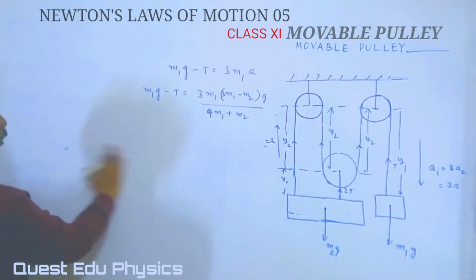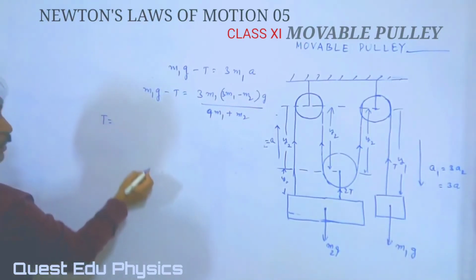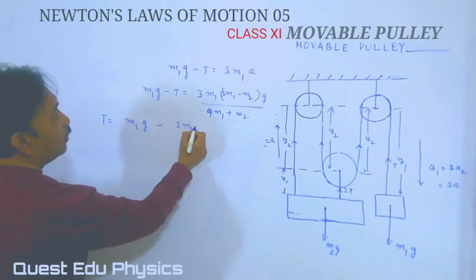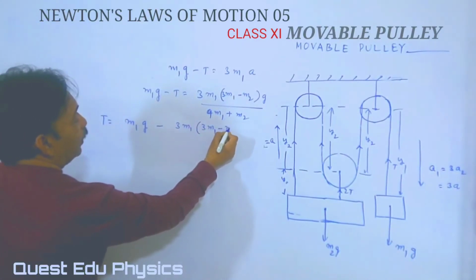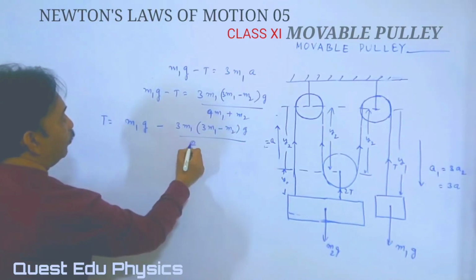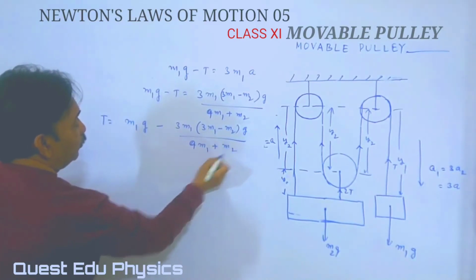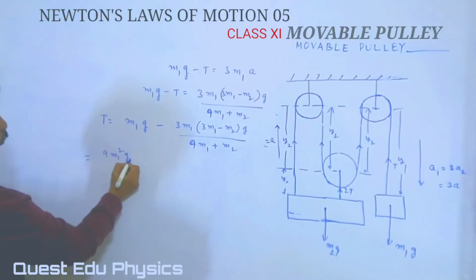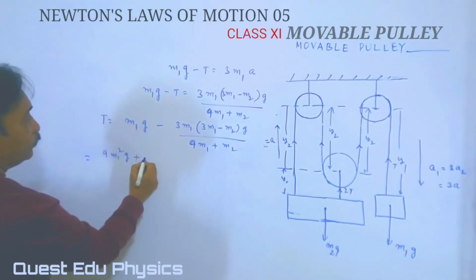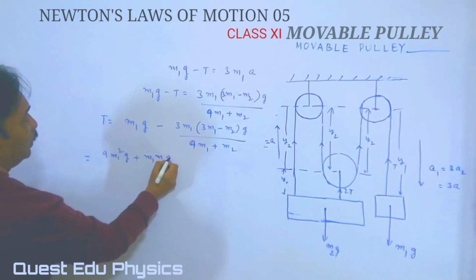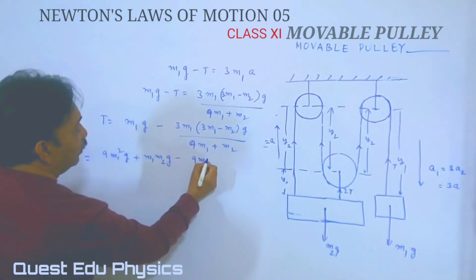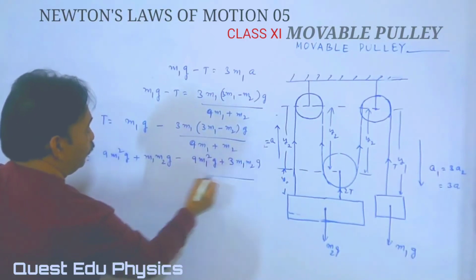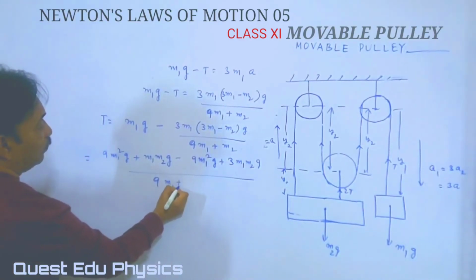Okay students, further we are writing it as t is equal to m1g minus 3m1 into (3m1 minus m2) into g by 9m1 plus m2, and it can be written as 9m1 square g plus m1m2g minus 9m1 square g plus 3m1m2g, whole divided by 9m1 plus m2.